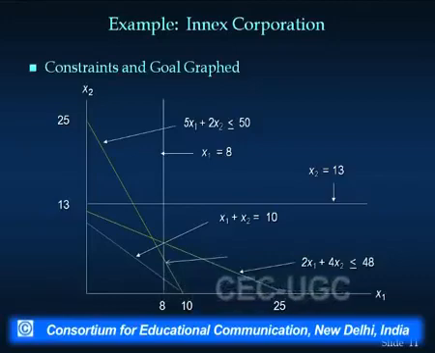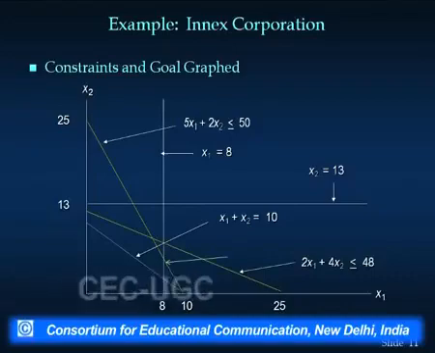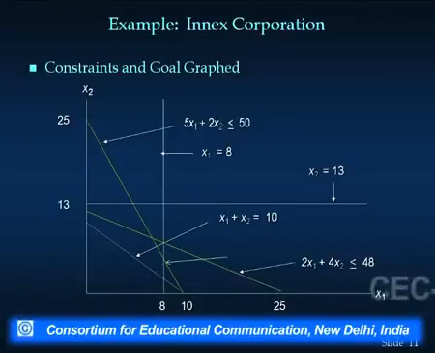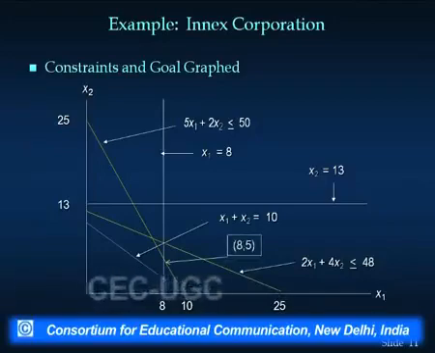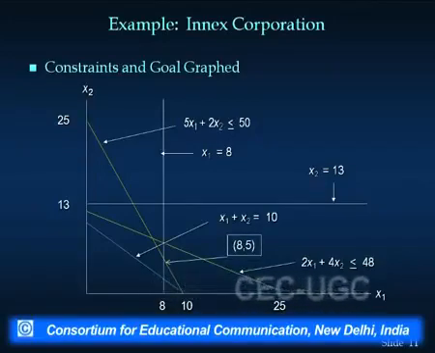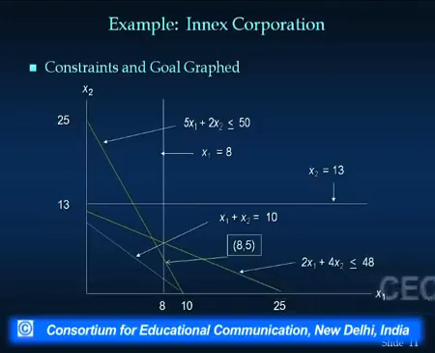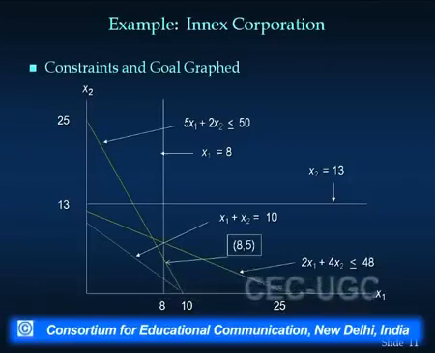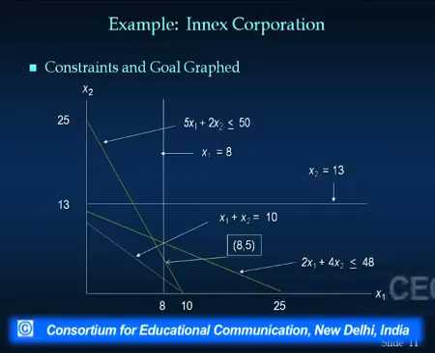This particular point of intersection where x1 is equal to 8 and 5x1 plus 2x2 equal to 50 intersect is our solution point. And what is this point? We can find it by calculation. This point is (8, 5). That means product A, 8 units, be produced, and product B, 5 units, be produced. Now we will see how far we are able to achieve the goal.